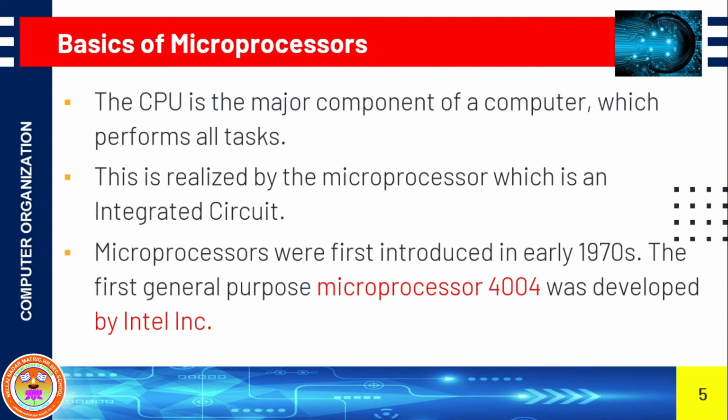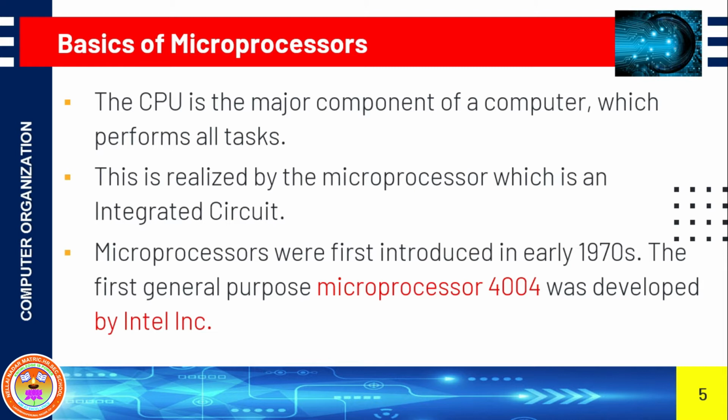The first point, the CPU, the central processing unit, is the major component of your computer. We all know that very well. Without the CPU, you can't execute or run the computer. Is it correct or not? Yes. It performs all the tasks. Task is nothing but a job or work.